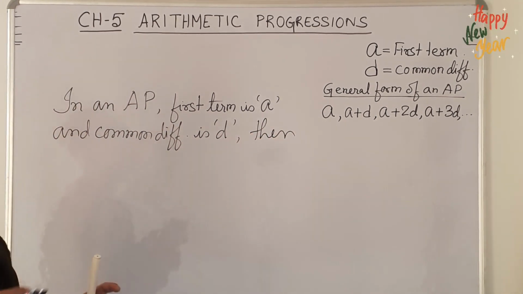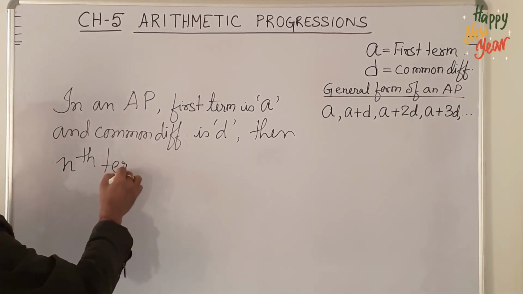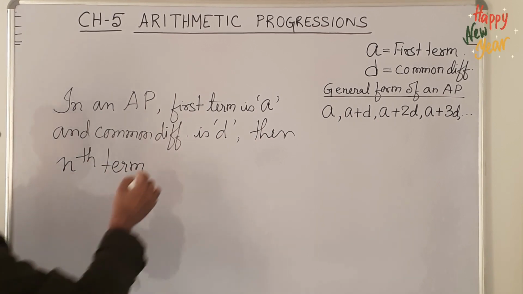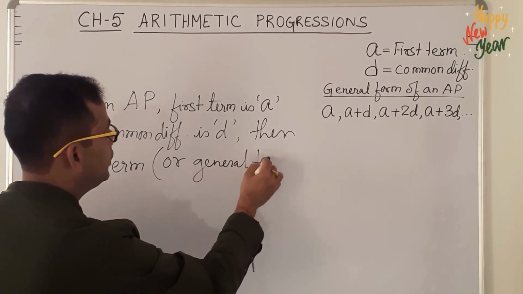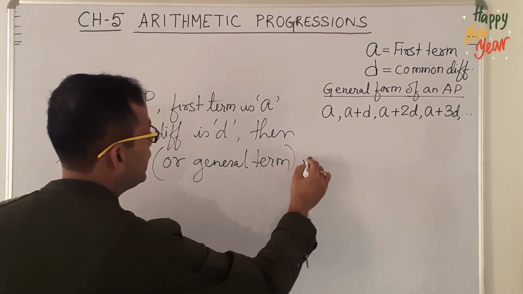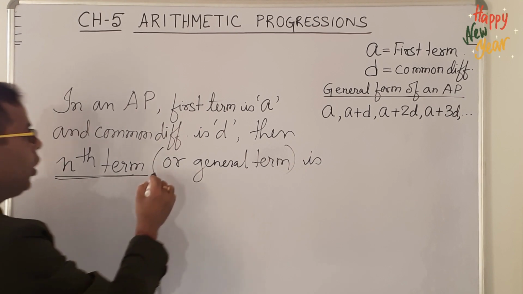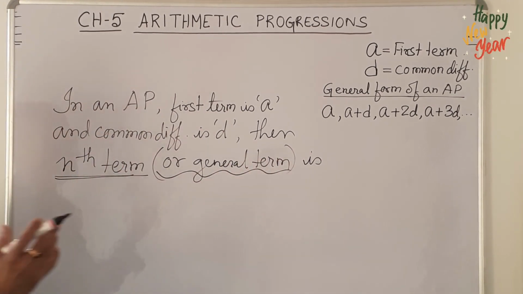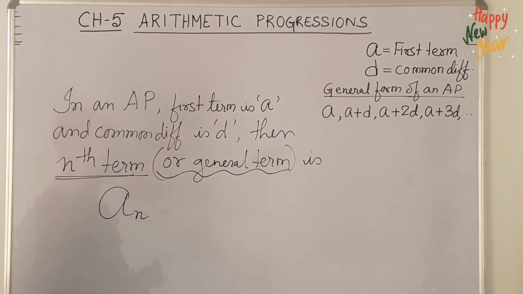Then if I want to find out the nth term, or we can say the general term, we can find out the nth term or the general term. Now this nth term or the general term we write in short as AN.